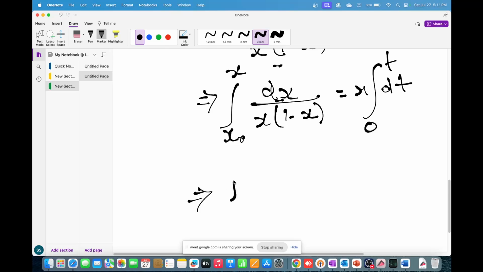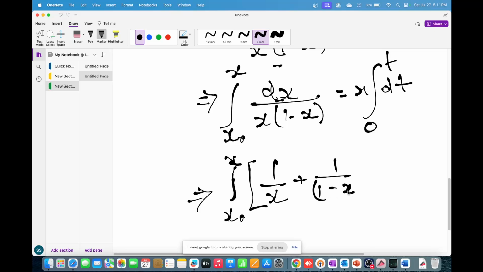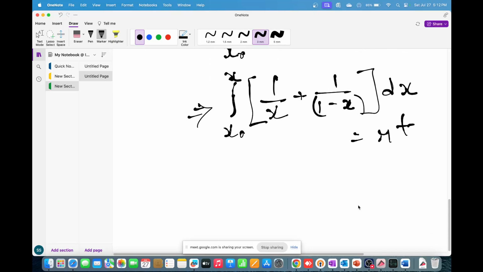So what it becomes is, first you have to separate out. So x naught to x, this becomes 1 by x plus 1 by 1 minus x dx equal to rt, because it's t minus 0, so I'm directly putting it as rt.